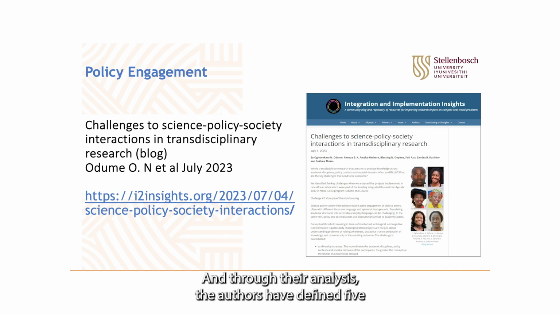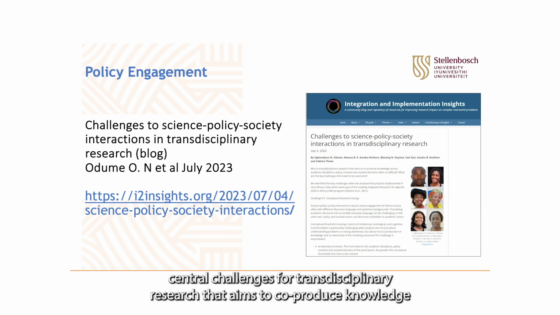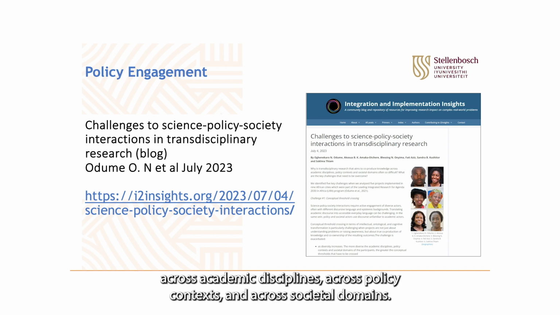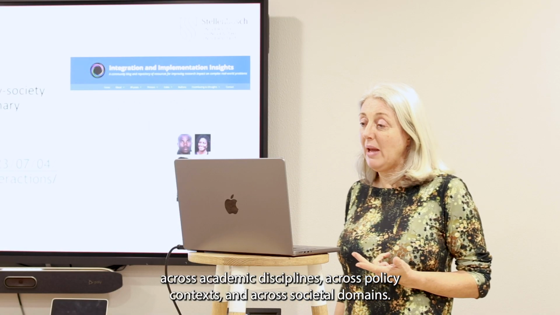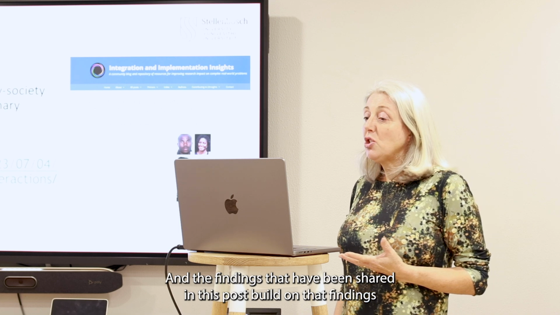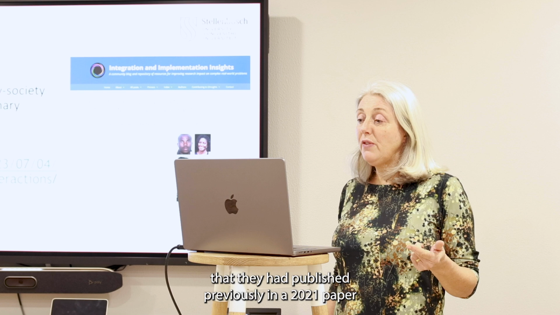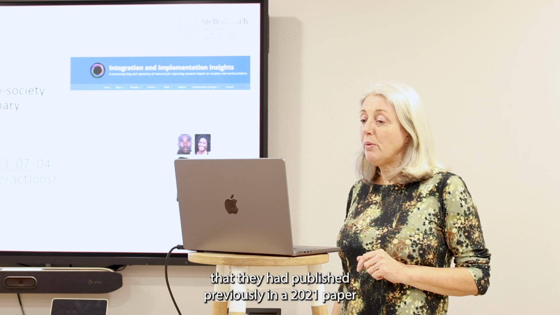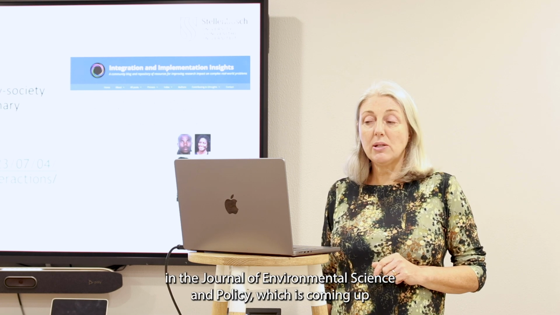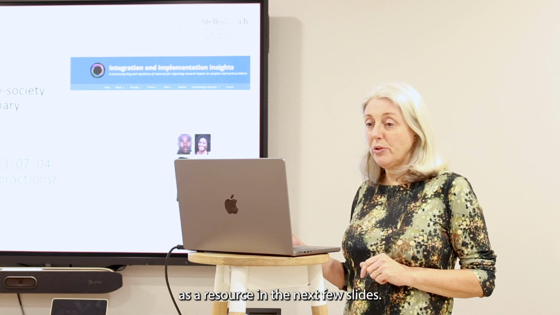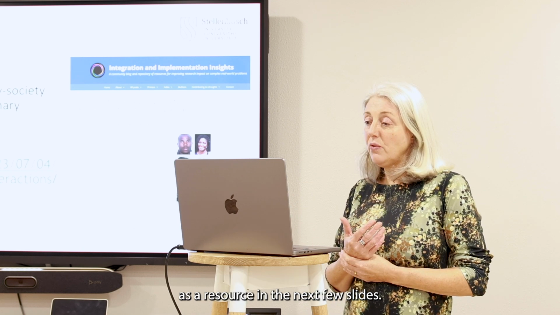Through their analysis, the authors have defined 5 central challenges for transdisciplinary research that aims to co-produce knowledge across academic disciplines, across policy contexts, and across societal domains. The findings shared in this post build on findings they published previously in a 2021 paper in the Journal of Environmental Science and Policy, which is coming up as a resource in the next few slides.